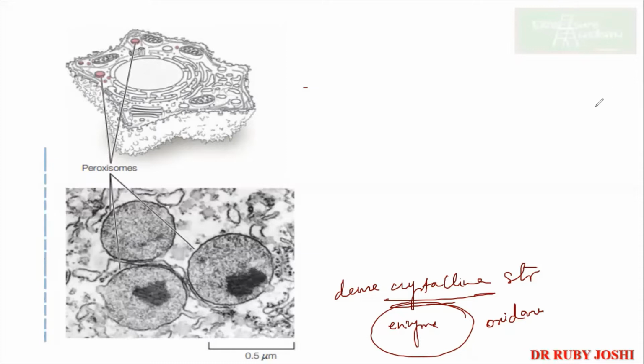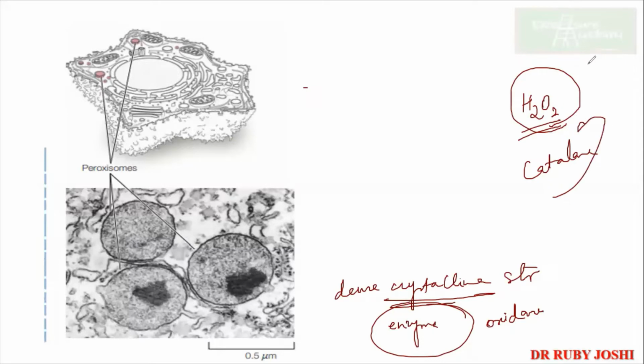Their other function: whenever any metabolic reaction is taking place inside a cell, inside a tissue, there are chances that depending on the substrate, sometimes peroxide is also generated, and we know that this is harmful. So enzymes like catalase and the other oxidases come and convert this into oxygen and water.